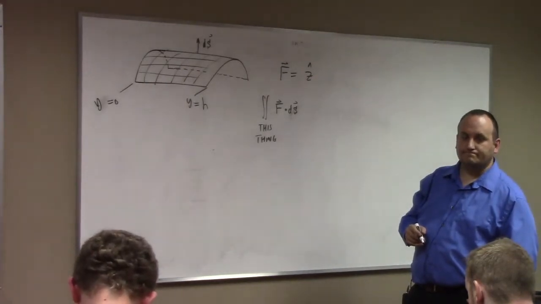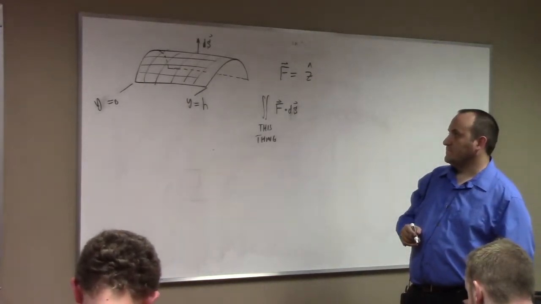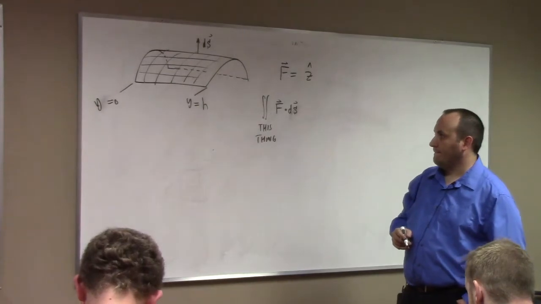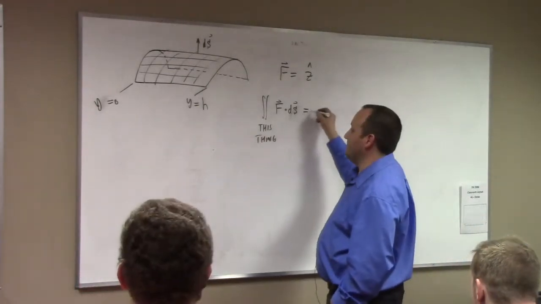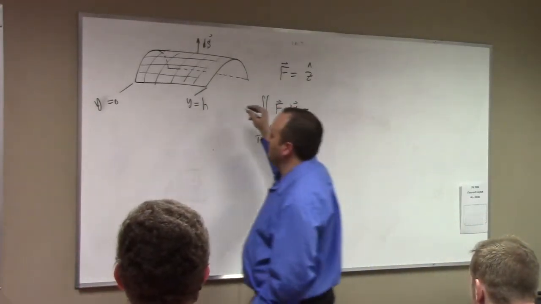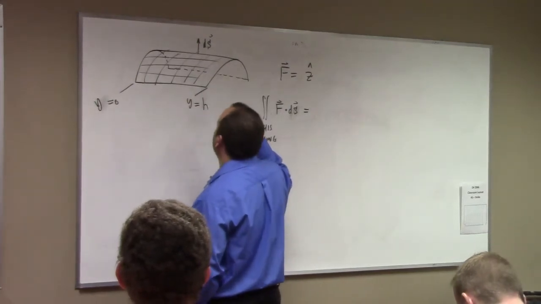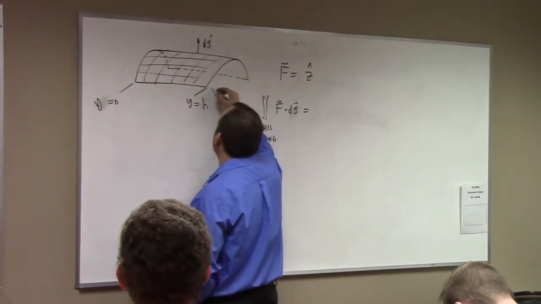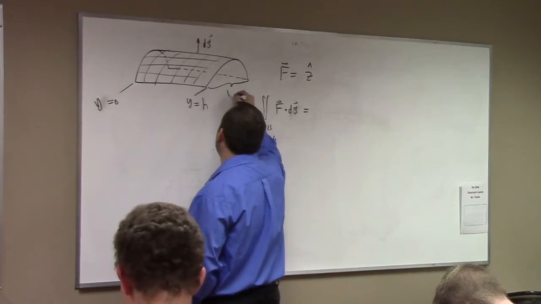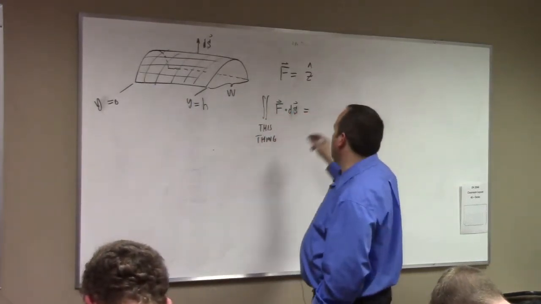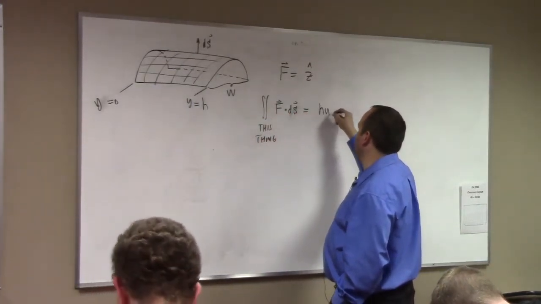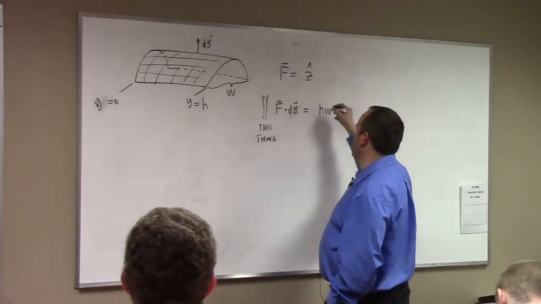It would be the flux through the area of the square that covers. So let's suppose that that distance is w. It would just be h times w times the magnitude of that, which is 1.